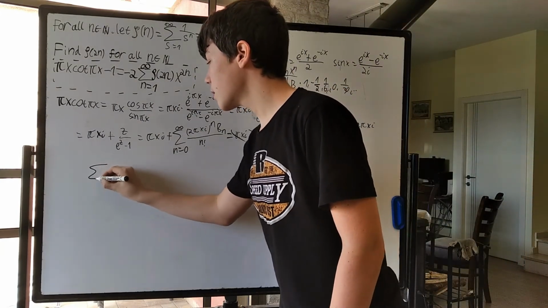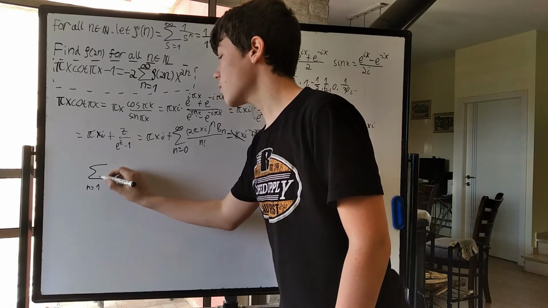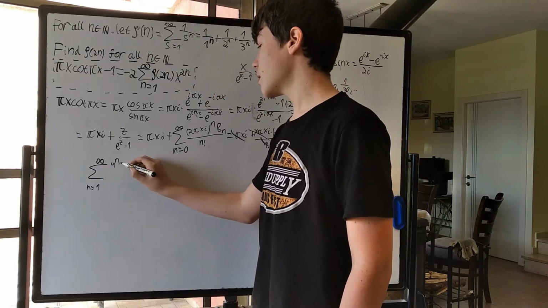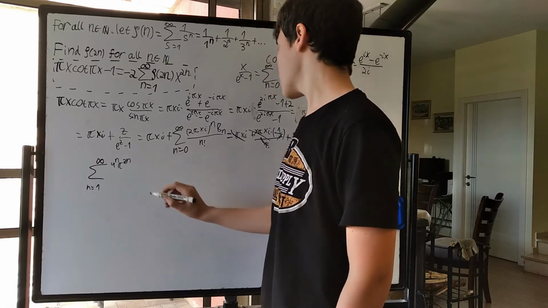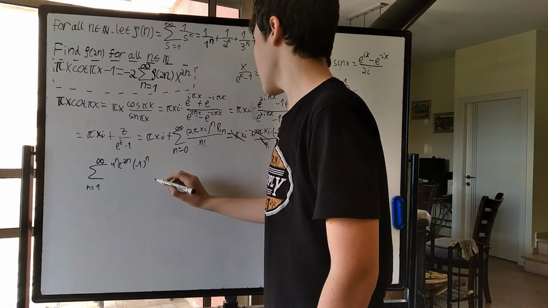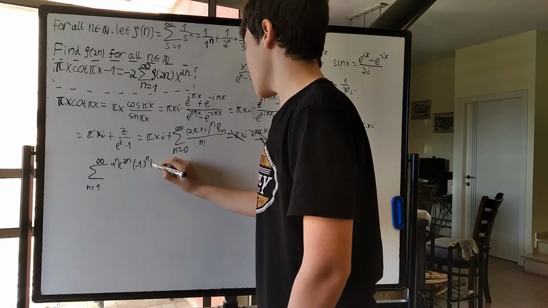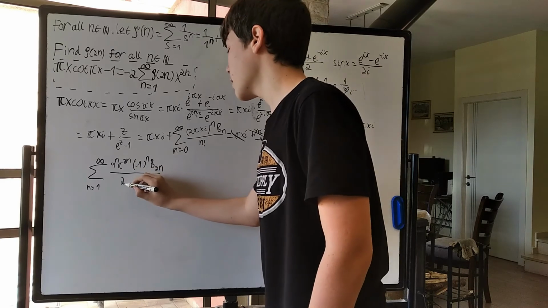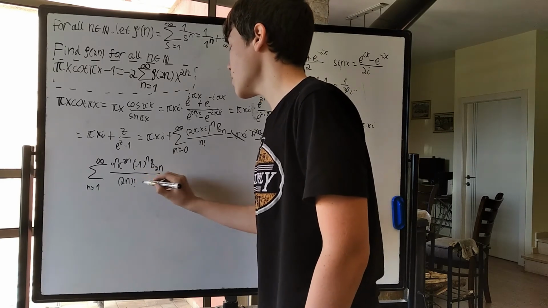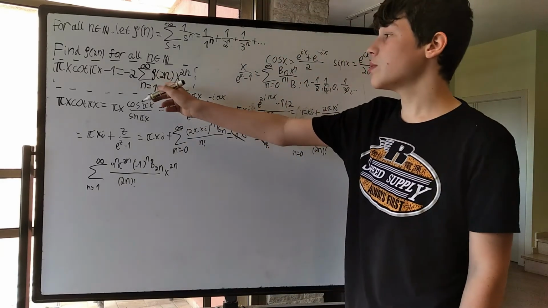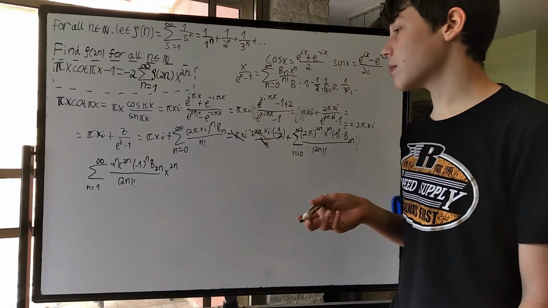So we'll have the sum as n goes from 1 to infinity of 4 to the n, pi to the 2n, negative 1 to the n, the 2nth Bernoulli number, divided by 2n factorial times x to the 2n is equal to negative 2 times zeta of 2n x to the 2n.